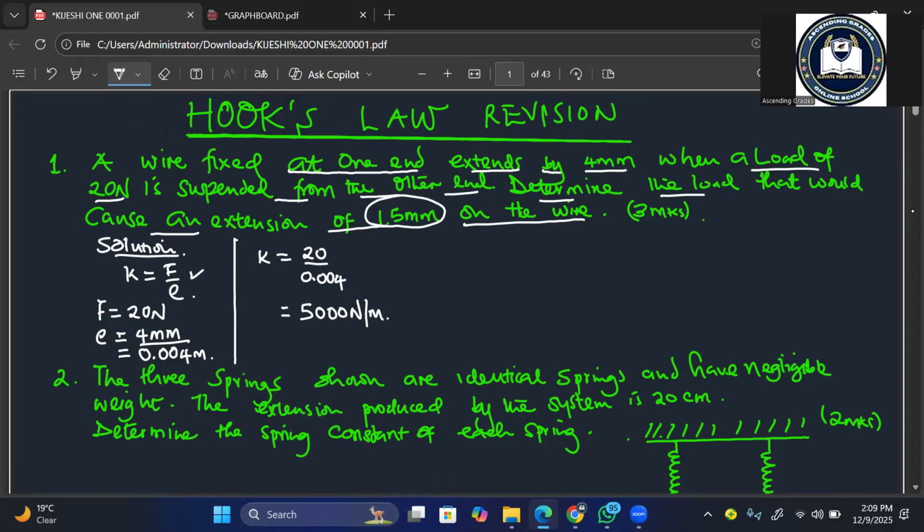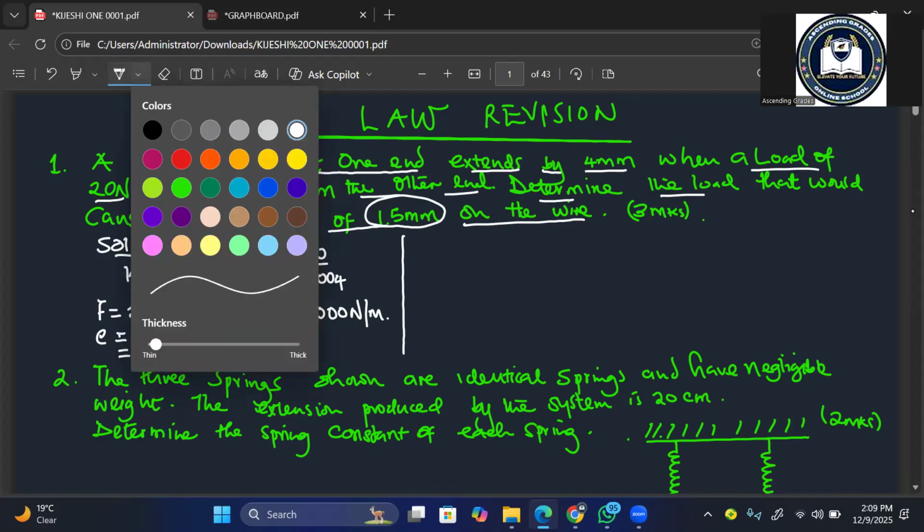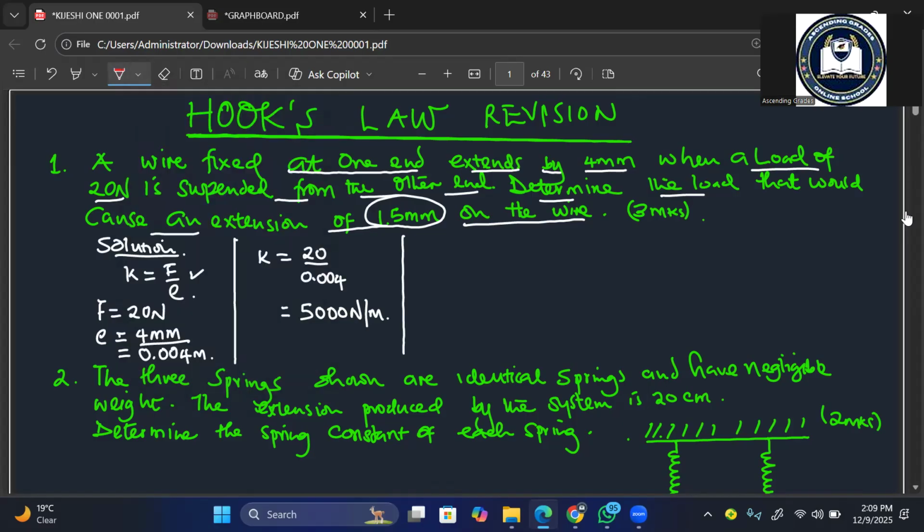Now, in the second case, you are provided with the spring constant as 5,000 Newton per meter.